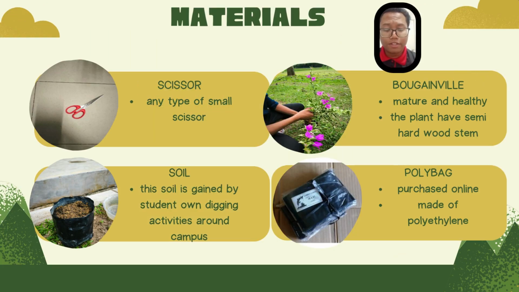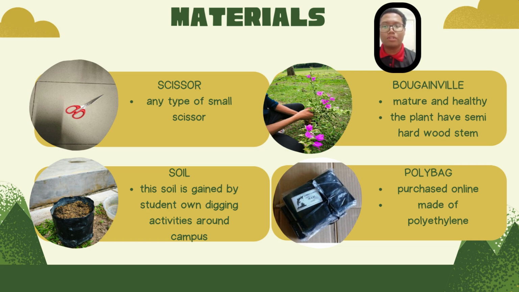Now, for the chosen materials involved in these activities. Firstly, we are using any type of small scissors, a simple scissors more specifically. Despite there being other types of scissors made specifically for propagation, we see that we do not need to buy one because it's a simple job to make a stem cutting, so we use a simple one.